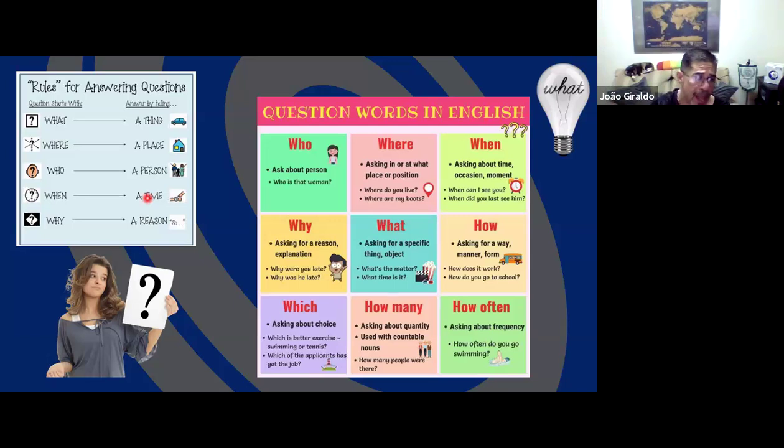Okay? And continuing here, when we question why, guys, my answer is going to be a reason or a motive of something. What is important here, especially in relation to why, is that our answer is going to be because, obligatory.